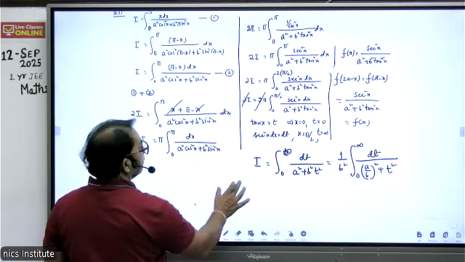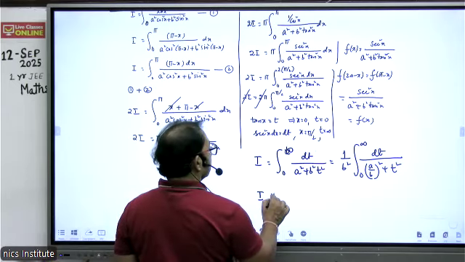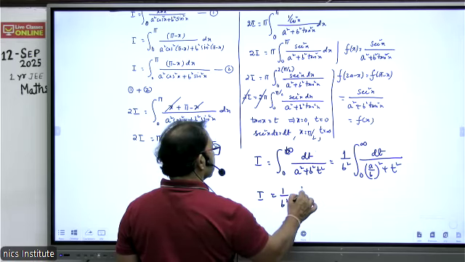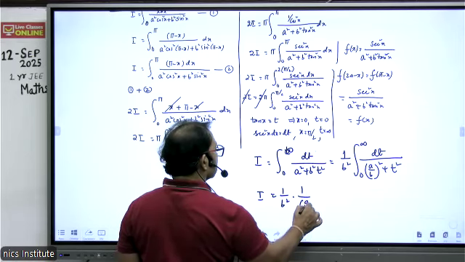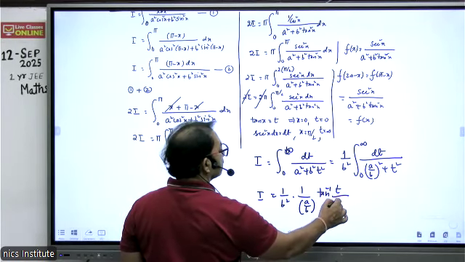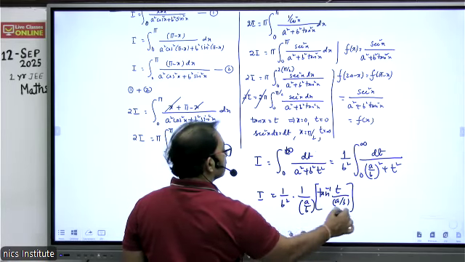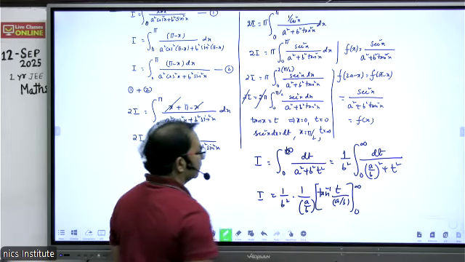So what will be the integral now? 1 by b square into b by a, tan inverse of t by (a by b), limits 0 to infinity.